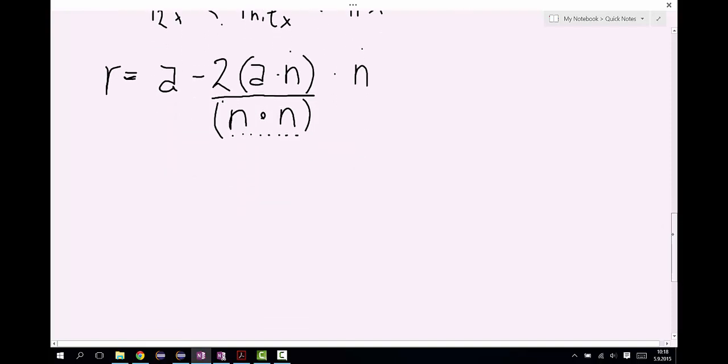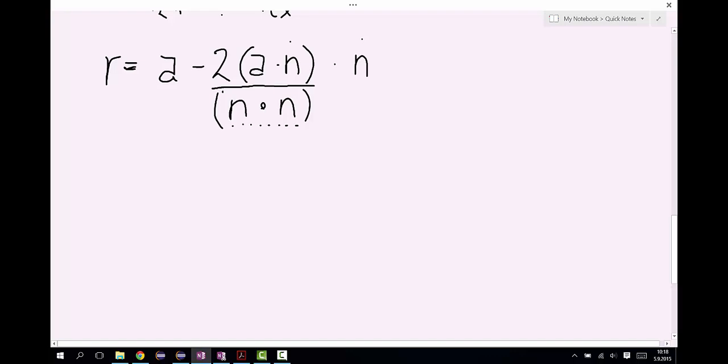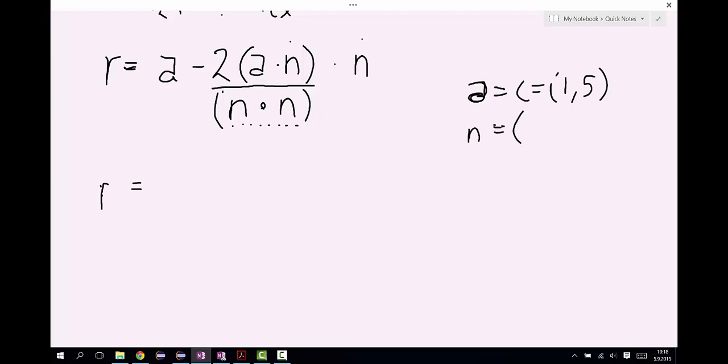So in our case, this would be r equals, so a is c, the vector a equals c, which equals 1, 5, n equals 3, 2, and that's all we need.